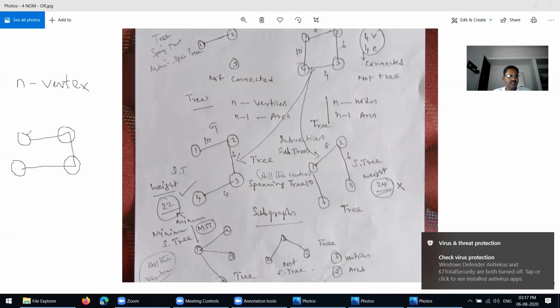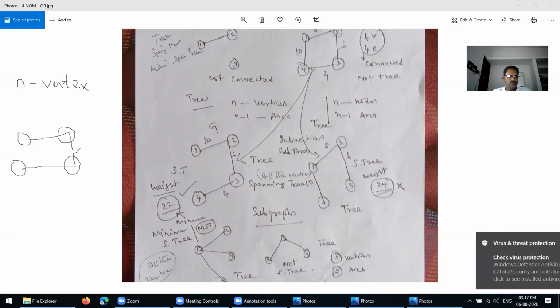How many vertices here? 1, 2, 3, 4. How many edges? 1, 2, 3.